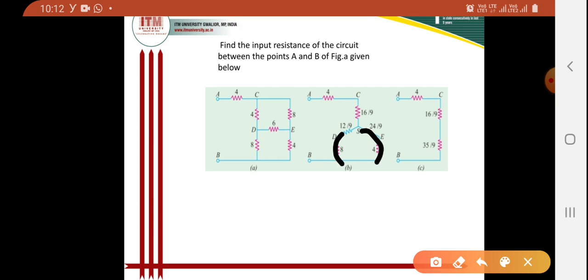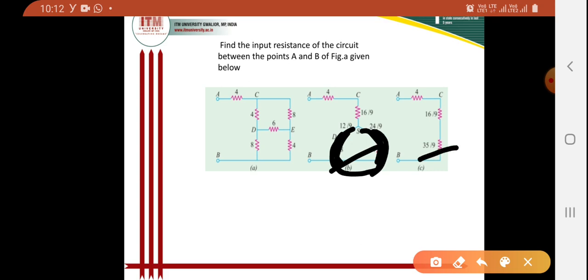Then these and these will be in parallel. So you can find the equivalent resistance from these two parallel paths. After getting the equivalent resistance from this parallel path, we have to add. The equivalent resistance between these two parallel paths is 35 by 9 ohm.